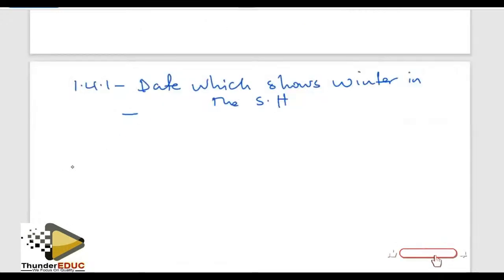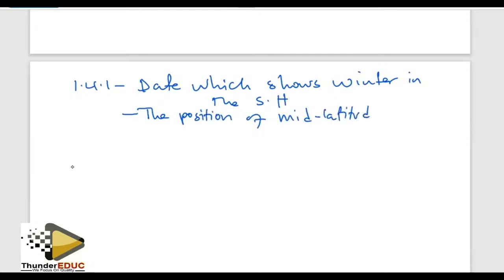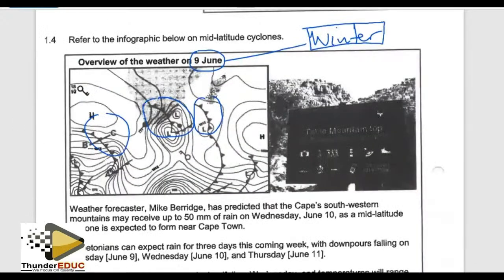So the position of mid-latitude cyclone is further north, and this occurs in winter.